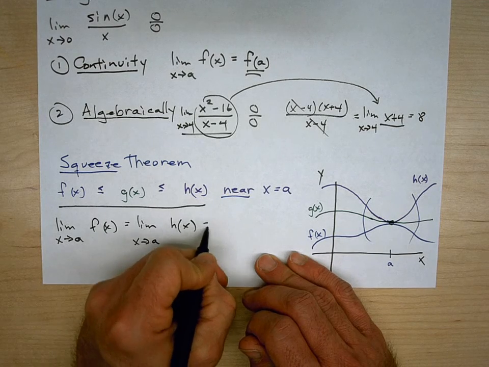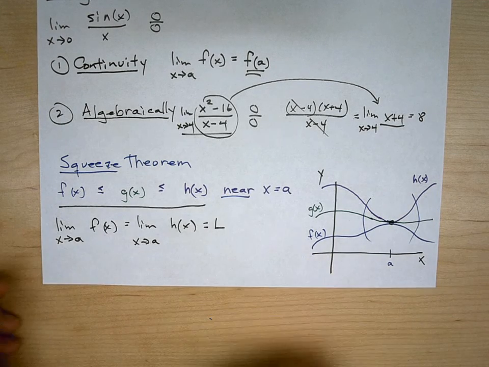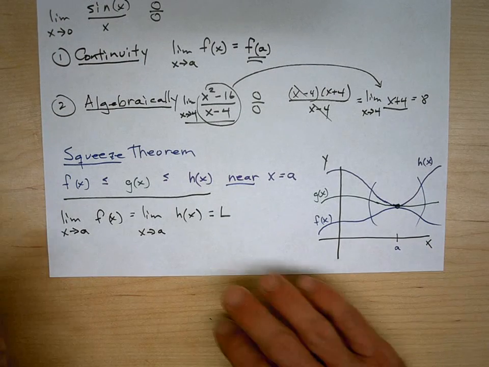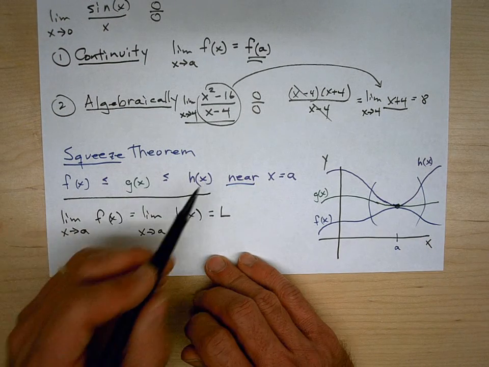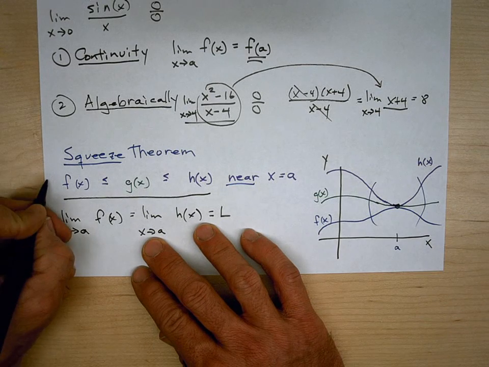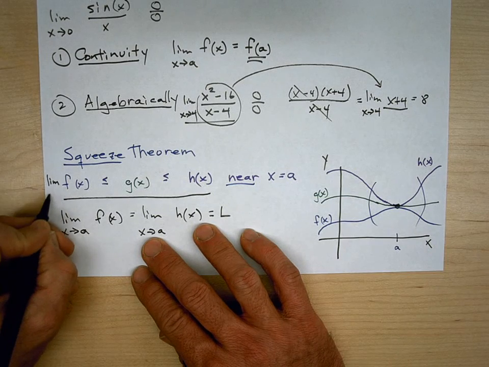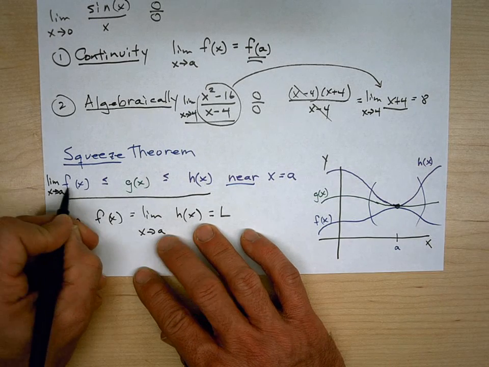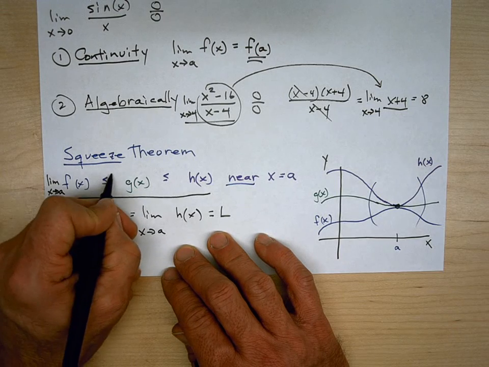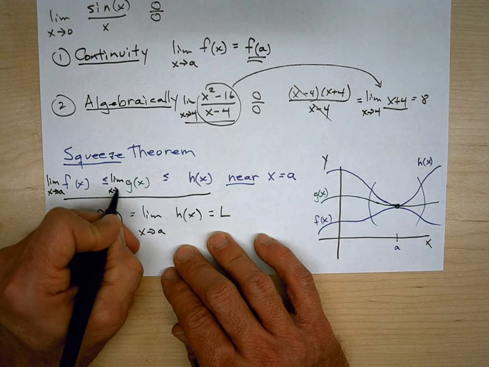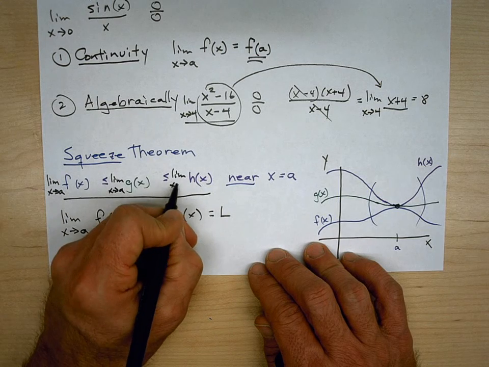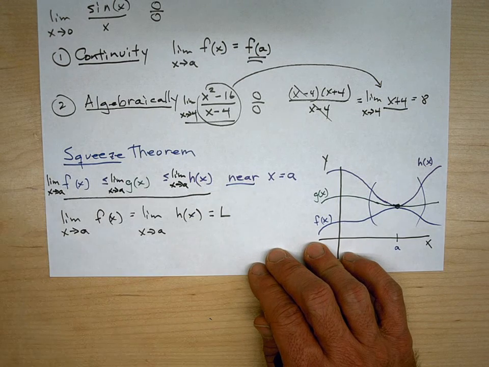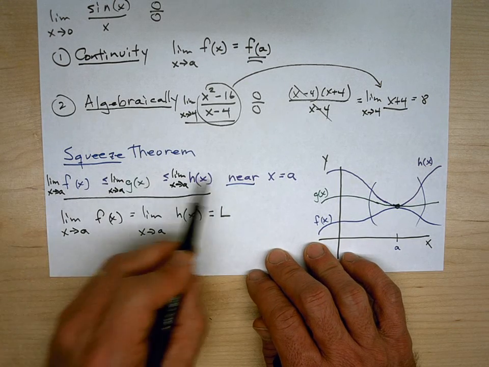All right, and we'll call that L. Actually, I kind of skipped a step here. If they have this relationship, it can be shown, we're not going to prove it here, that the limit as x approaches a of f of x is less than or equal to the limit as x approaches a of g of x, which is less than or equal to the limit as x approaches a of h of x. All right. So if the functions have that relationship, then the limits.